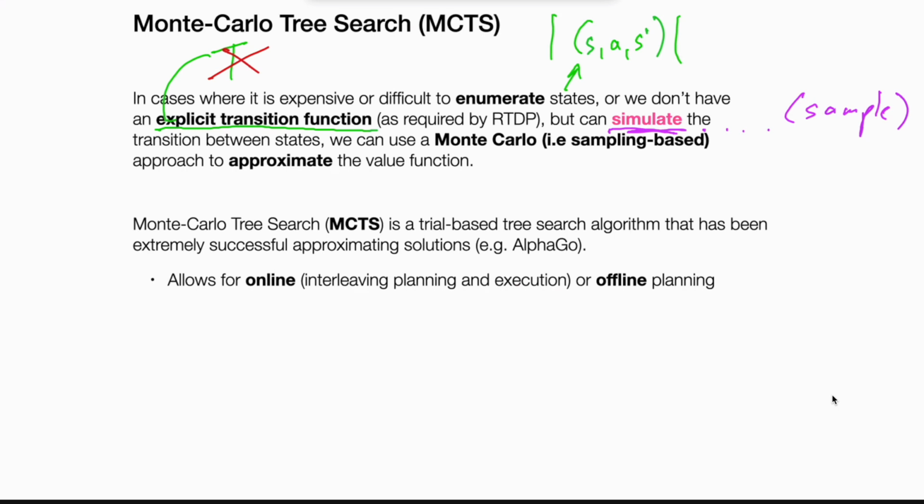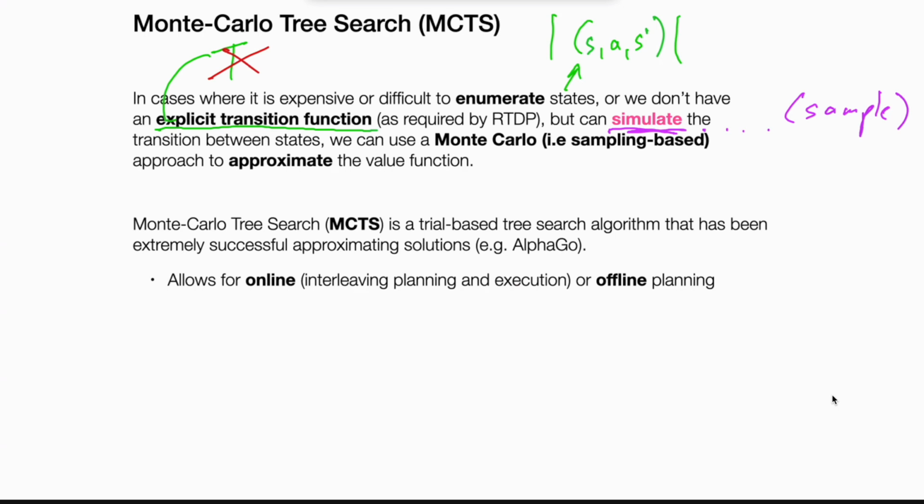But if we think about the poker example, and I want to think about, well, what would my opponent bet if I bet 100 chips on this card? I don't have the probabilities written down anywhere. But what I might do is have another process that I can run which actually simulates the outcomes of that action.